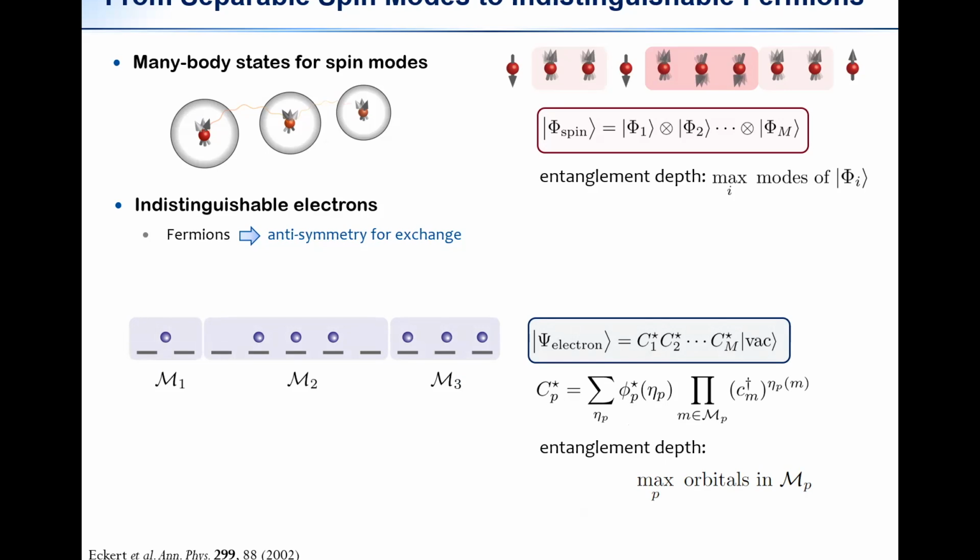As long as the wave function can be written as a product of all these creation operators, we can count the number of orbitals inside each creation operator and find the maximum. That's the generalization of entanglement depth, which overcomes the anti-symmetry problem. But there are also other issues to consider, because for electrons there's no natural orbital. The orbitals are just artificial ideas we plug into the material. In reality, it's different from the qubits in a spin system.